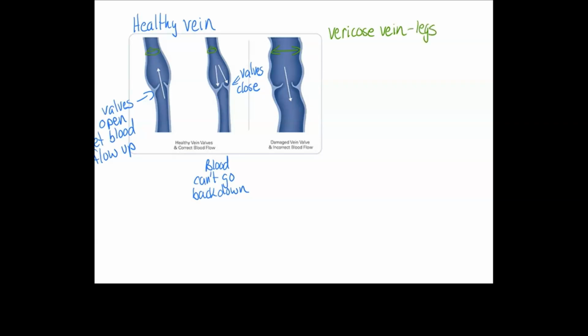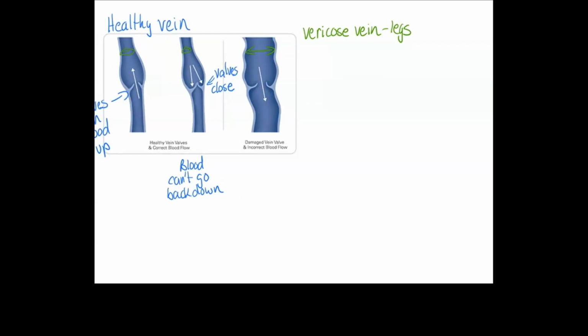So let's think about what's happening there. Sometimes people tend to cross their legs. Or you might sit in a chair with your legs pressed against the edge of the chair. Some people have jobs where they have to stand for long periods of time.